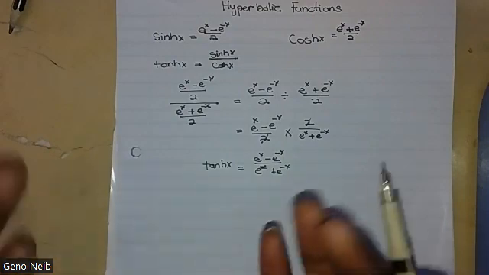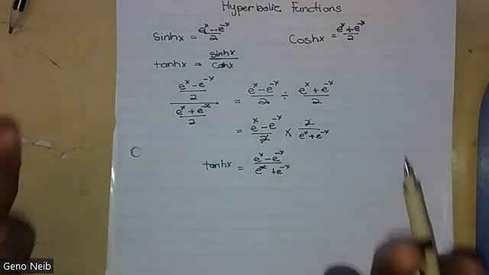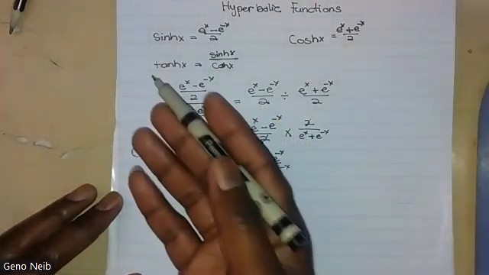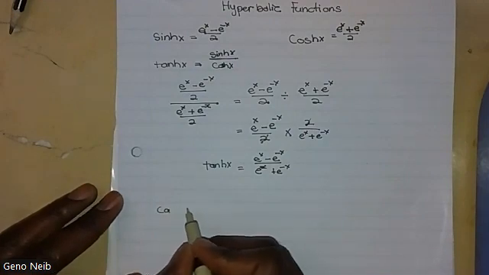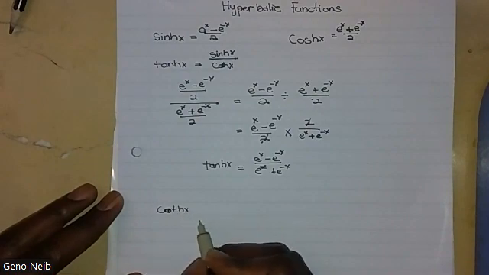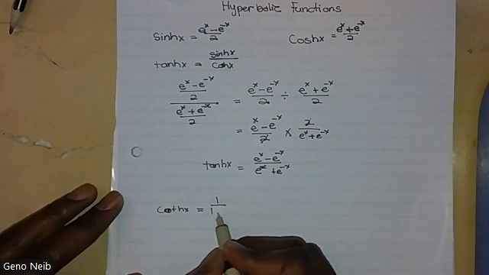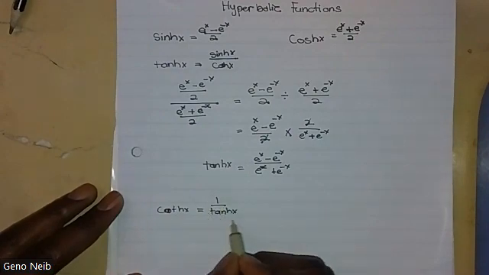For the other functions, we know there are six hyperbolic trigonometric functions. If you take the hyperbolic cotangent, we know that it equals 1 over the hyperbolic tangent.